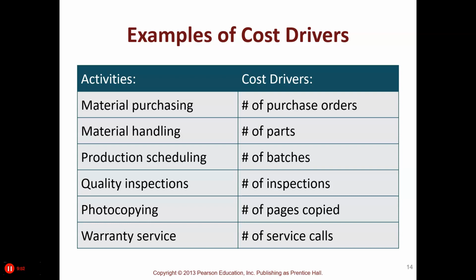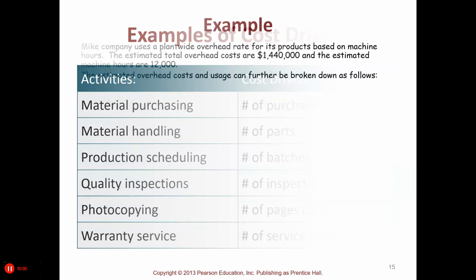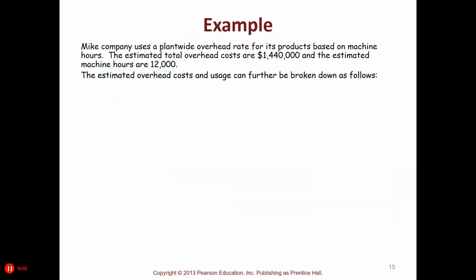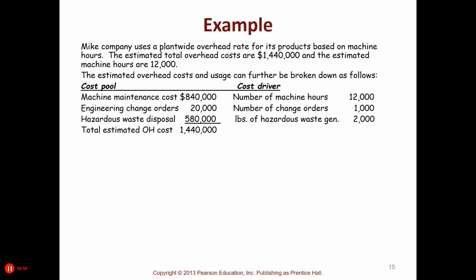So now let's work through a problem that uses plant-wide overhead versus ABC costing. In this case, we have a plant-wide overhead rate. It's based on our total estimated overhead cost of 1,440,000 with estimated machine hours of 12,000. This is the breakdown of how those overhead costs are spread.